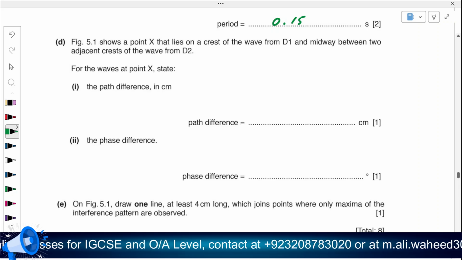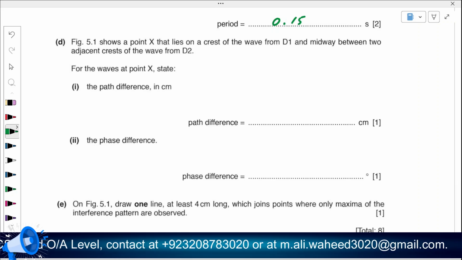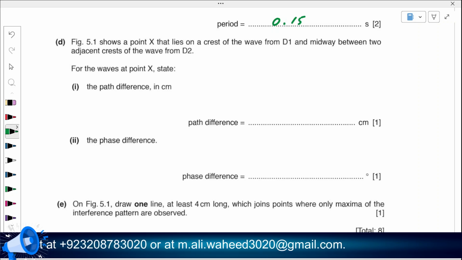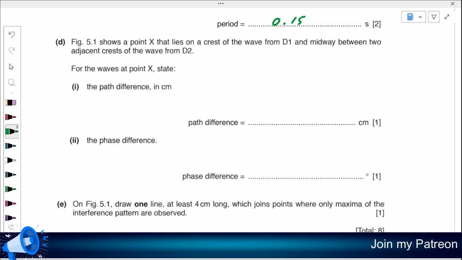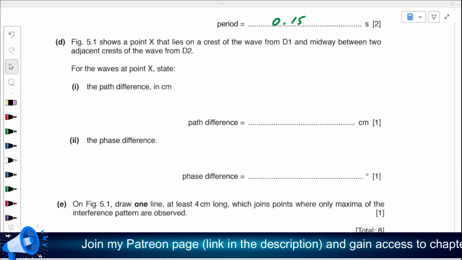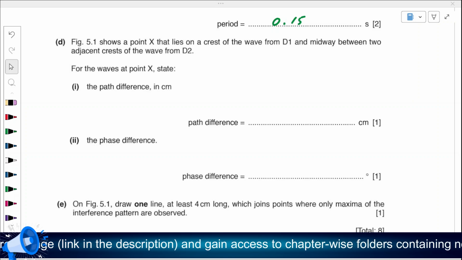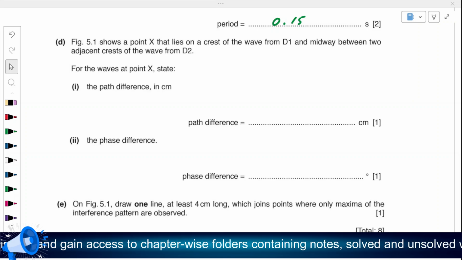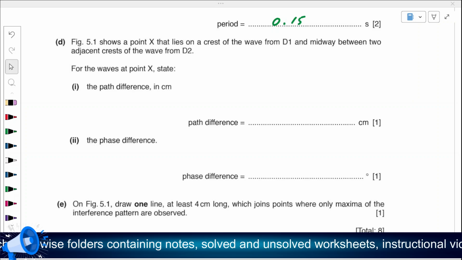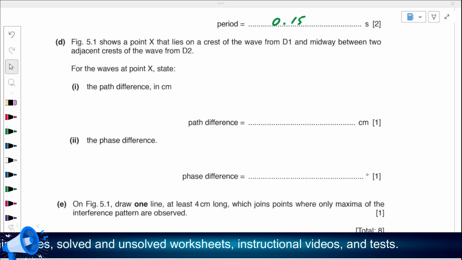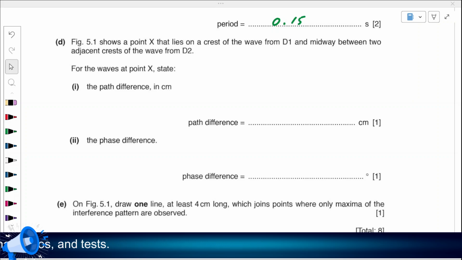Part D. Figure 5.1 shows a point X that lies on a crest of the wave from D1. Okay, from D1, it lies on the crest. And midway between two adjacent crests of the wave from D2.